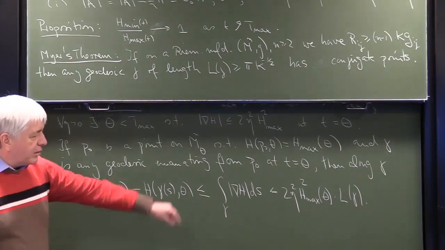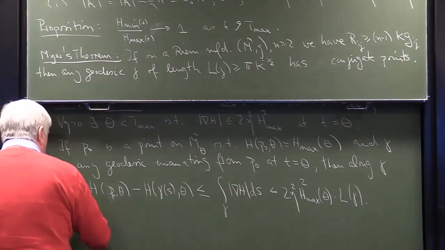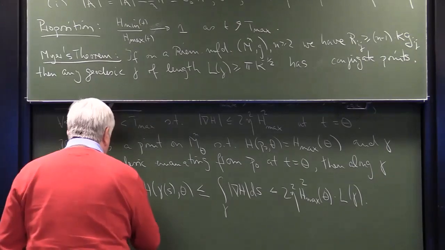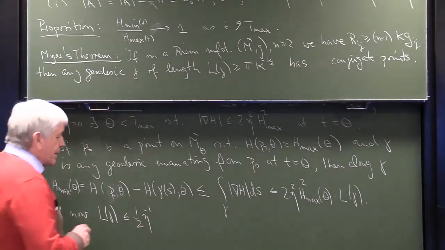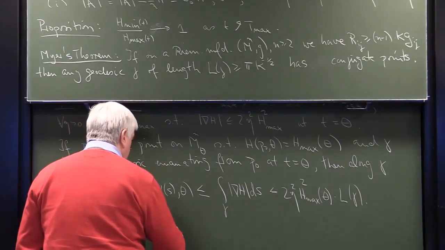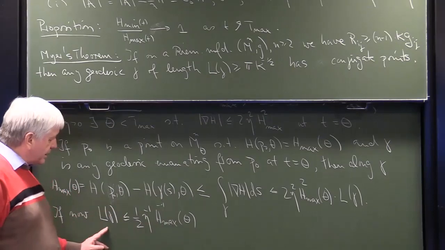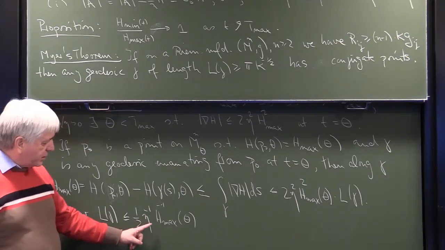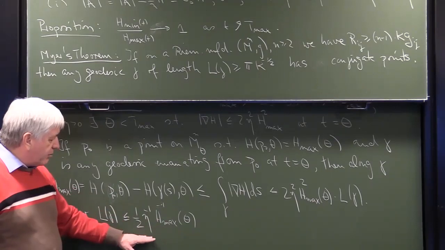And so if we now choose the length of the curve to be less than 1/2 eta to the minus 1 times h max to the minus 1 at theta. Notice that this scales right: h max to the minus 1 scales like a length and has a huge factor because eta is going to go small. So this is a huge factor times the appropriate scale that we are at.